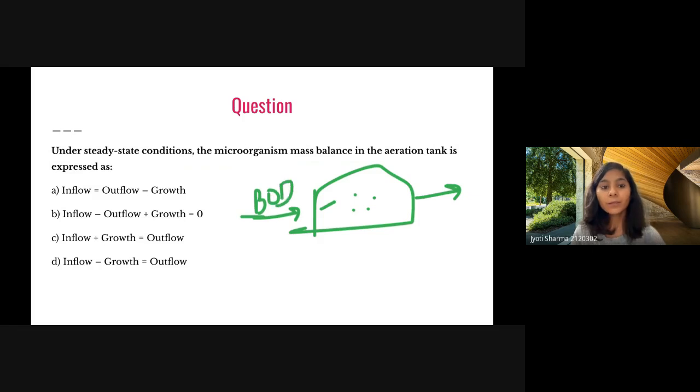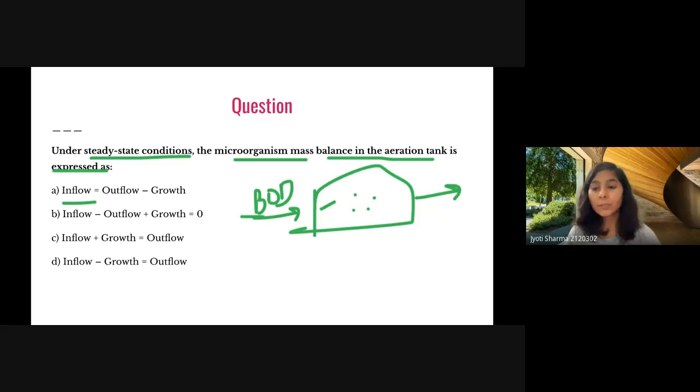Then, under steady state condition, the microorganism mass balance in the aeration tank is expressed as inflow minus outflow plus growth is equal to 0, so inflow plus growth is equal to outflow, and inflow minus growth is equal to outflow. Yes, B is the right option. Venkateshwara gave me B option. So, yes, I'm also agreeing with B.